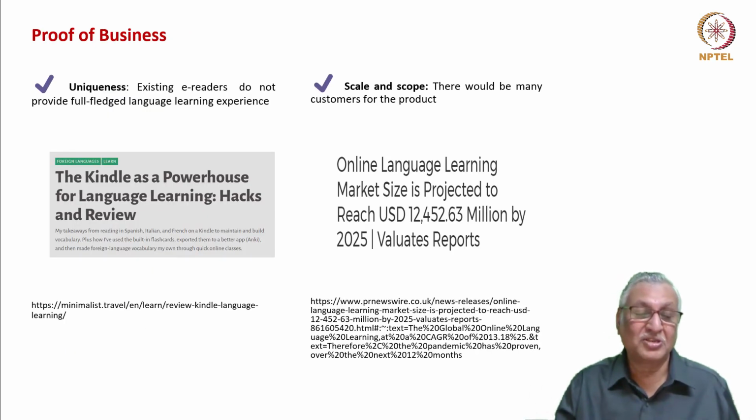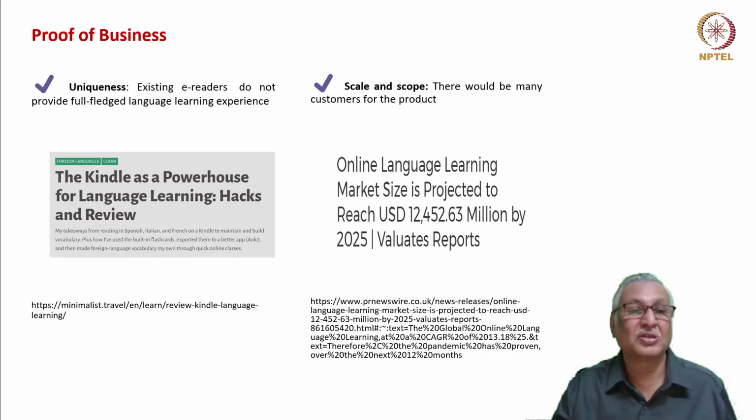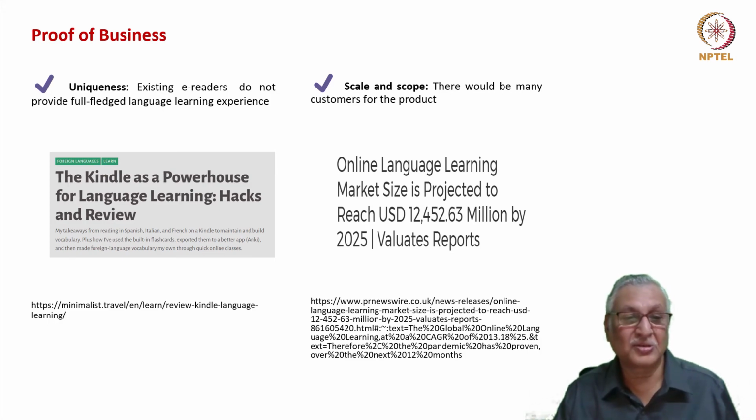Once you establish the proof of concept, you also need to establish the proof of business. The uniqueness of the product proves that it is savvy in terms of the business. Existing e-readers do not provide a full-fledged language learning experience. As a result, there would be many customers for the product because of the offerings it makes.